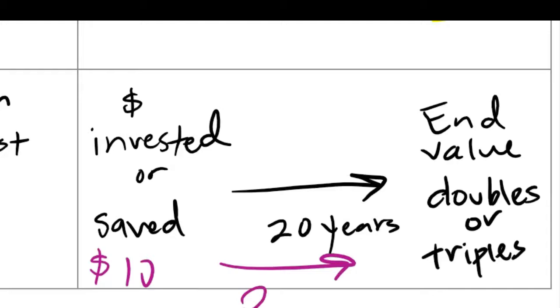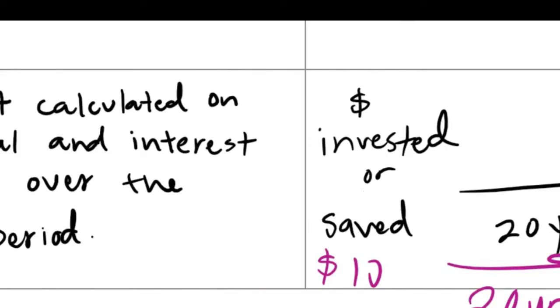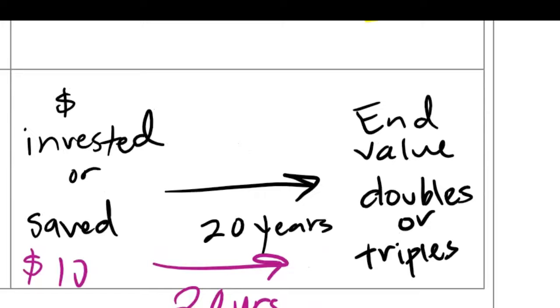Over the period of 20 years with that compound interest, it could even triple up to, let's say, 100. It can do 1,000. It just depends how high that compound interest is. So again, it's just investing your money, and over a period of time it actually doubles or triples depending on that compound interest.